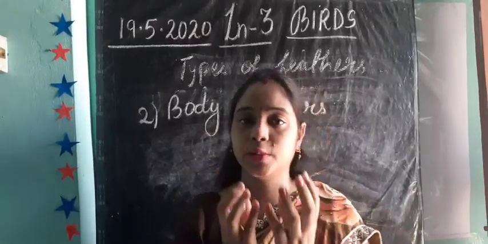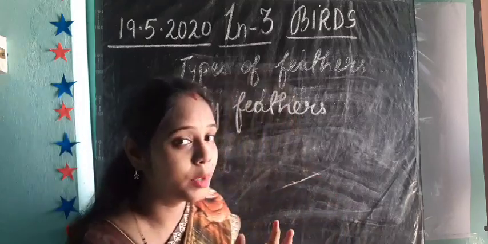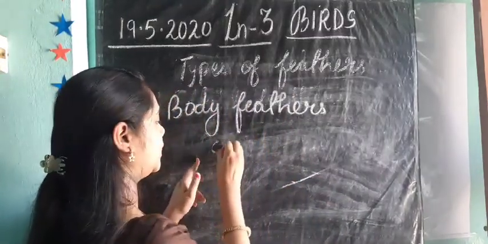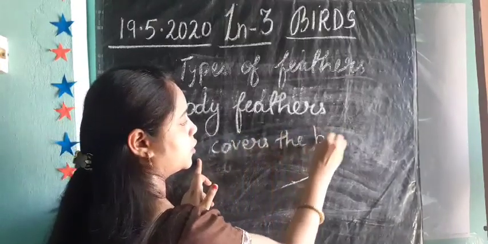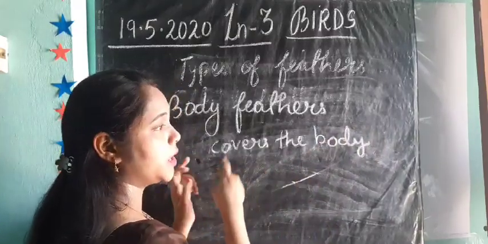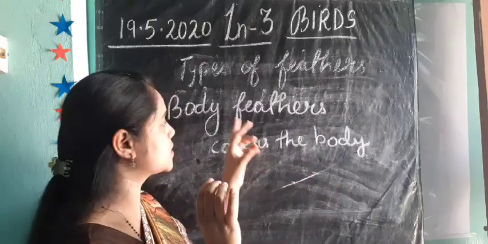That feather will grow, and then it will give shape to the bird's body. So body feathers cover the body, the bird's body, and give shape and color.